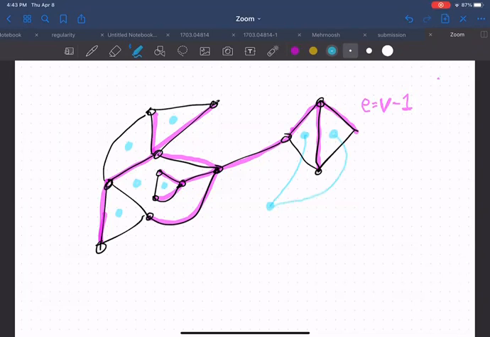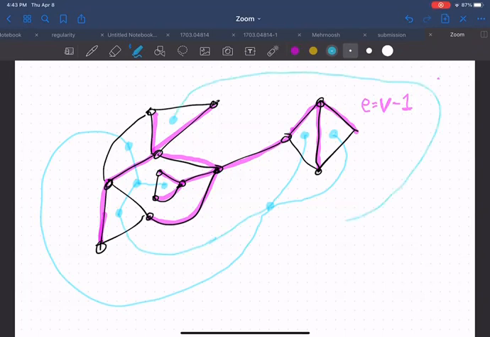Same thing with the outer face and that one, this one, this one, this one. This one is also shared with the outer face. This one is also shared with the outer face. So is this one, and that's all of them.